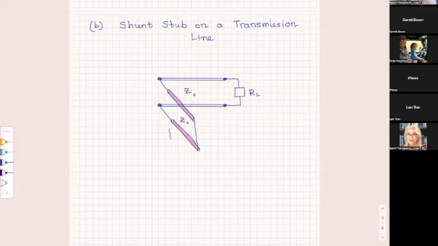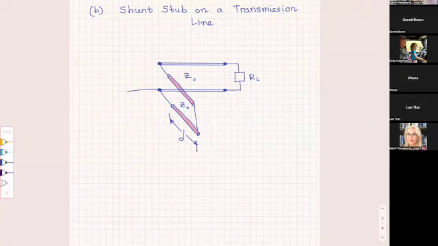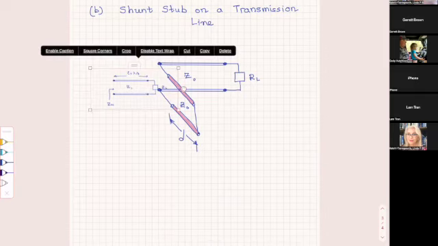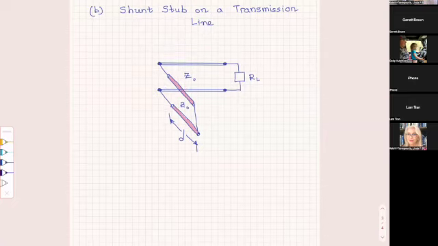Let's assume that this length is D. Okay, this is A prime, A prime. This is B prime.